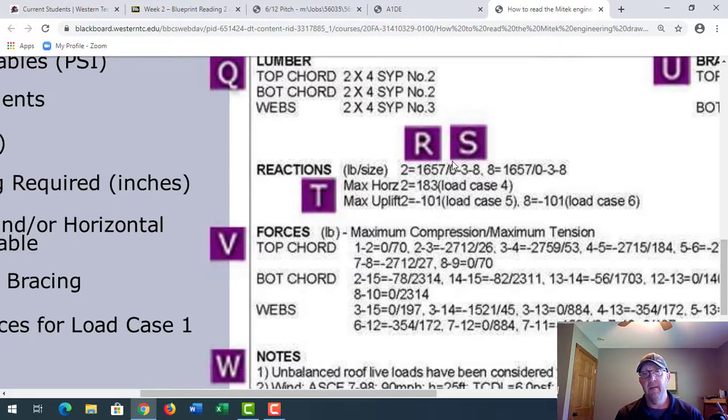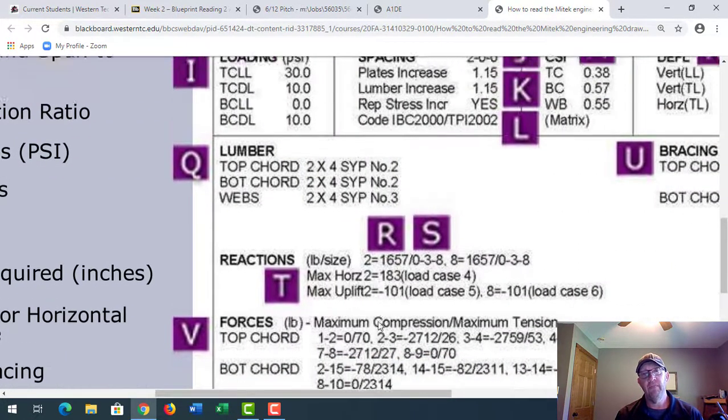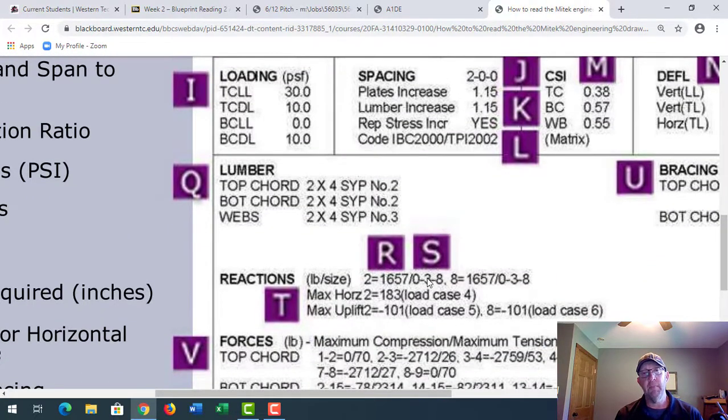Then there's a slash and then 03-8. If you look here, S is maximum bearing required. So for this truss, the maximum bearing, where the truss is actually sitting on the wall, is 3 inches and 8/16, right? So 3.5 inches of bearing is the max.